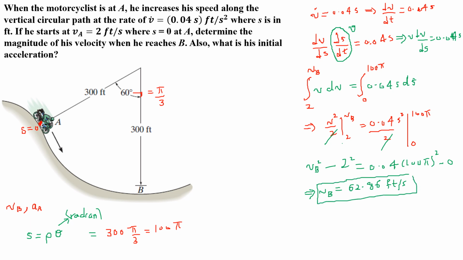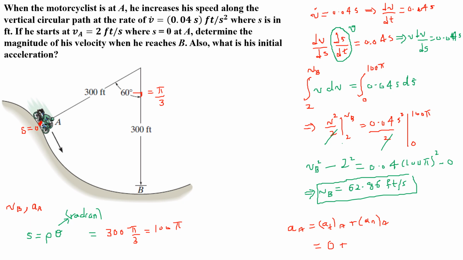Now what about the acceleration? The second question is the initial acceleration at A. At A, I have tangential acceleration a_t and normal acceleration a_n. Here a_t is where the motorcyclist starts to increase the speed, but s is 0, so this is just 0.